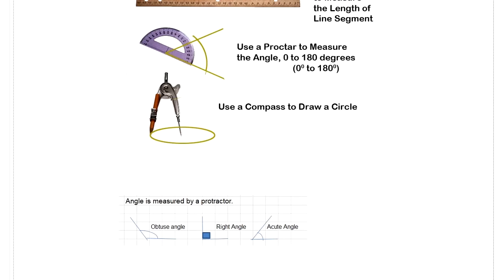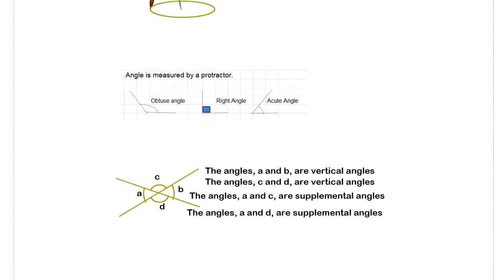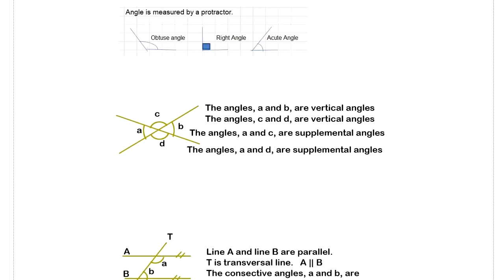It's called a compass. A compass keeps an equal length from the center point, right? And an angle is measured by a protractor, right? When you measure 90 degrees, we call that a right angle. If less than 90, an acute angle. More than 90 degrees, an obtuse angle.